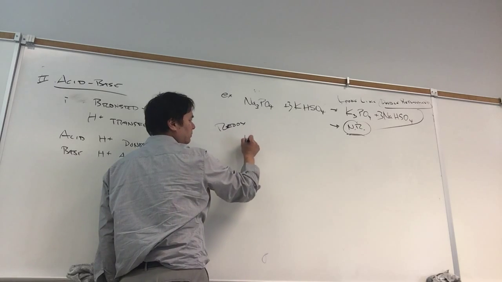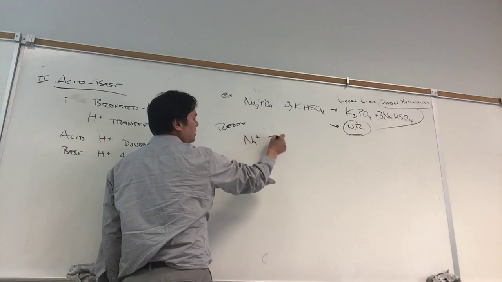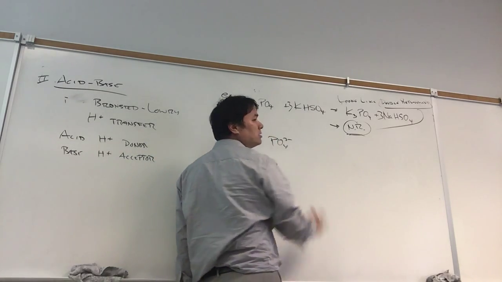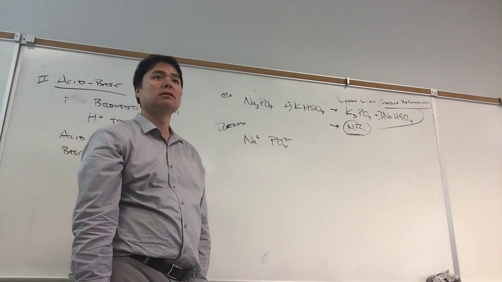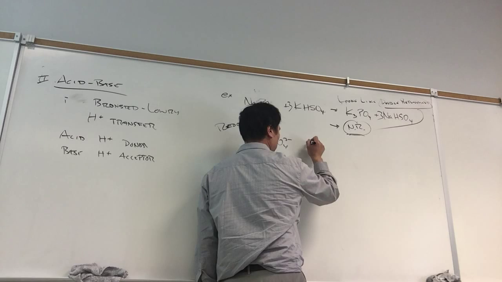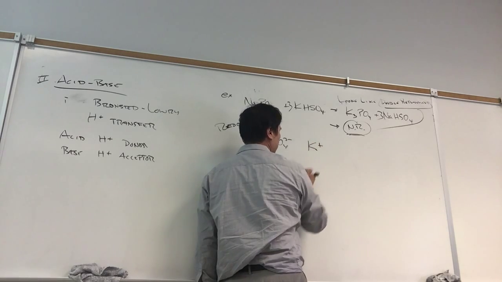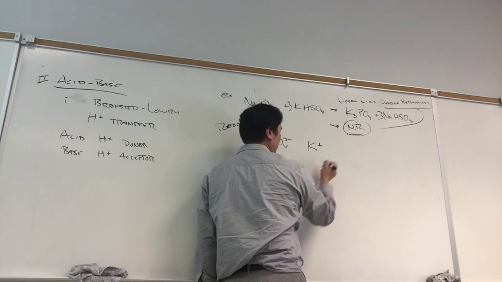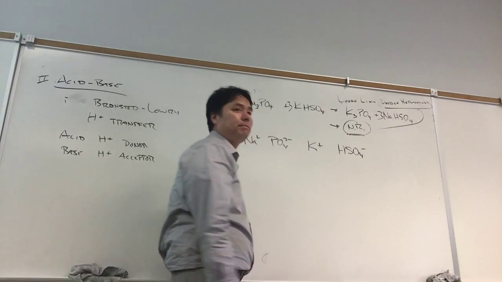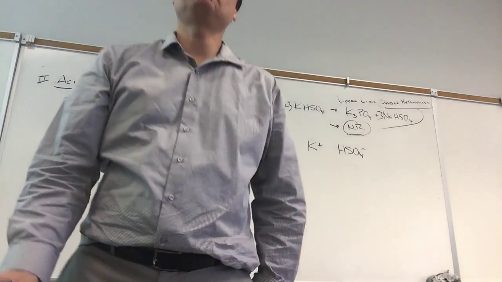Sodium phosphate, strong electrolyte? Yes, sodium ions and phosphate ions will be present. Potassium hydrogen sulfate, strong electrolyte? Yes. So what does it break up into? Potassium ions and hydrogen sulfate. That's correct.